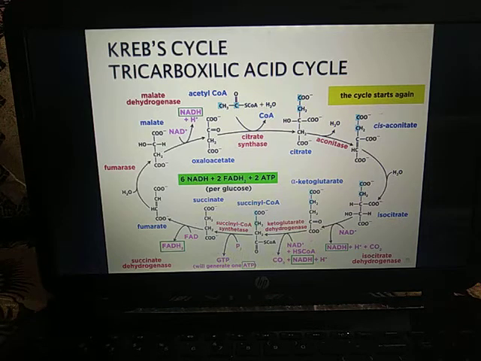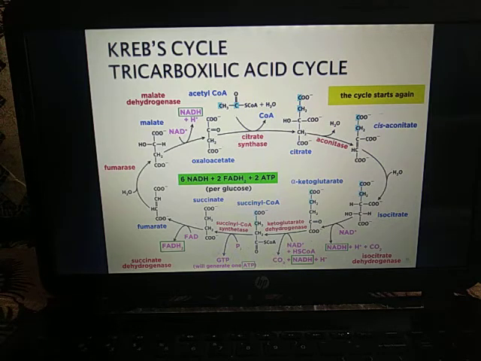Cis aconitate is then converted into isocitrate with the addition of water while attached to enzyme aconitase. This results in interchange of hydrogen and hydroxyl group in the molecule. Now cis aconitate plus water in presence of aconitase and iron ion gives isocitrate.